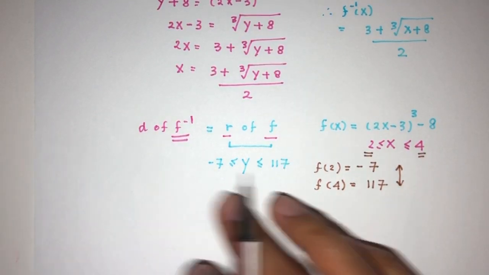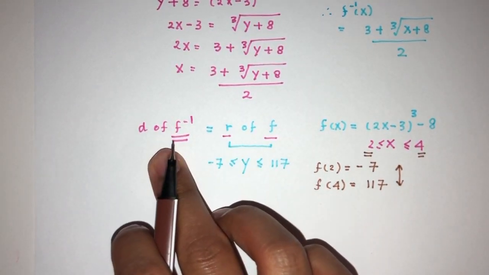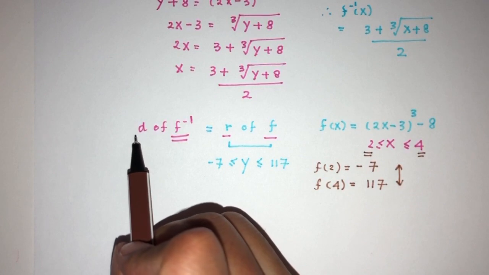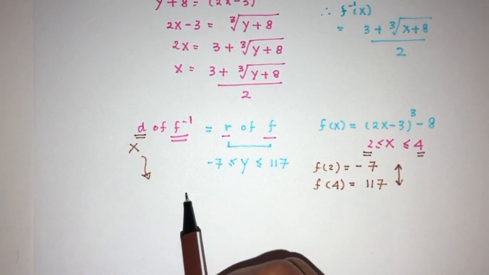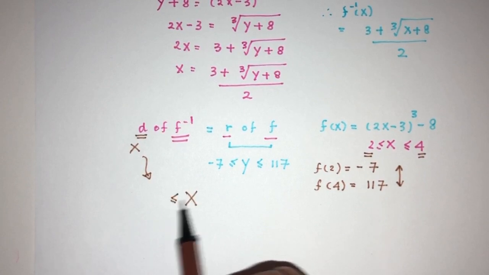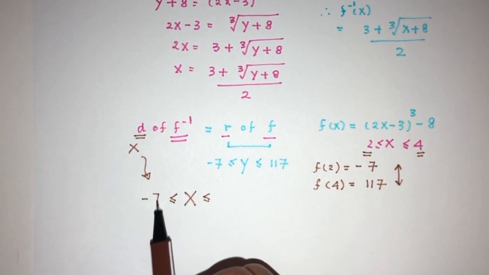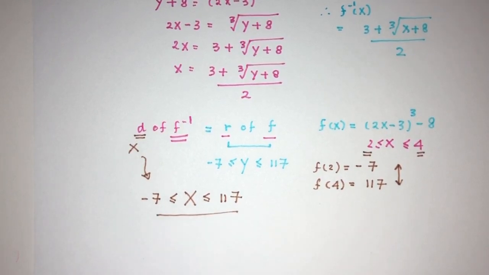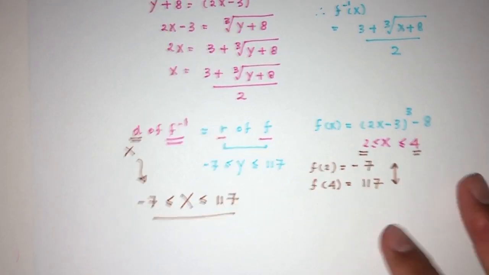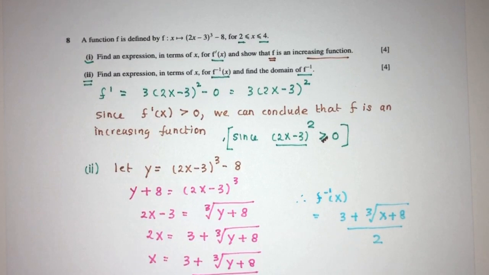Now we have to use this to find the domain of f inverse of x. Domain is defined by x value, so pretty easy, we just write x between minus 7 and 117. And that will be the domain of f inverse.